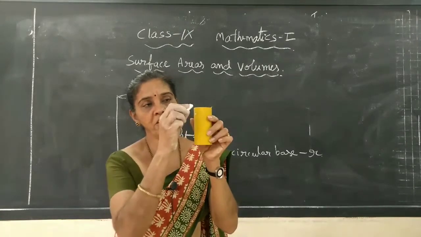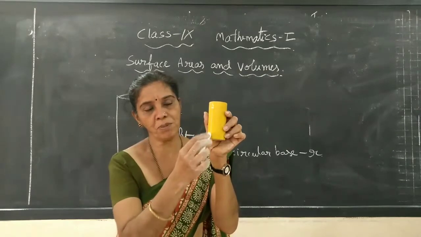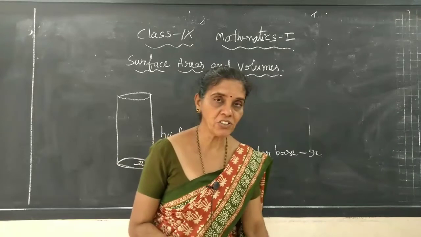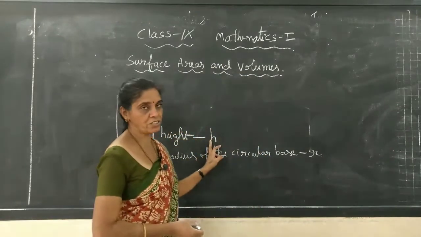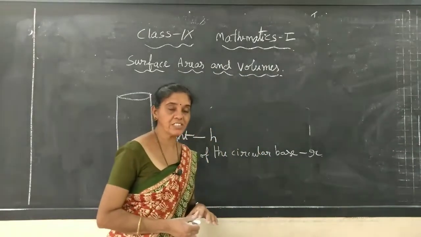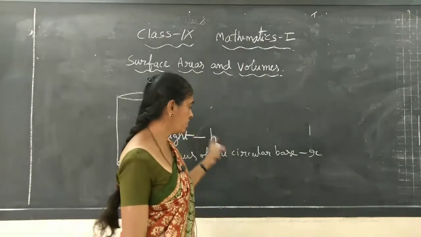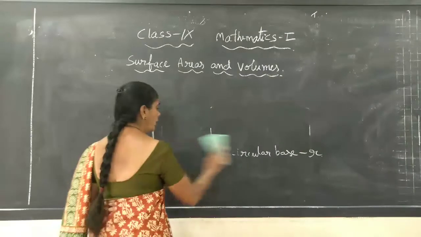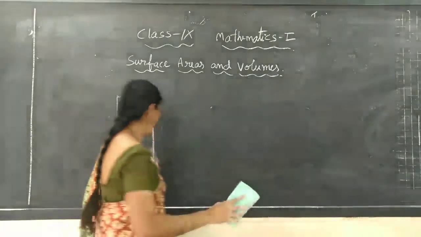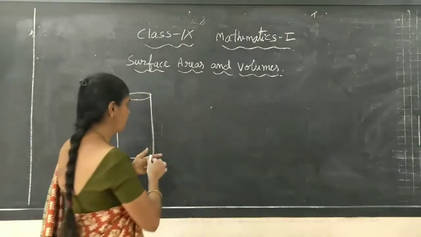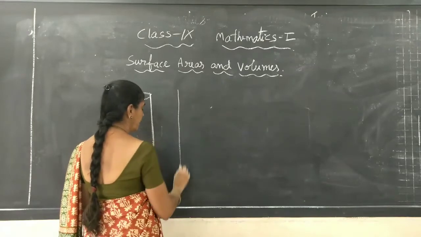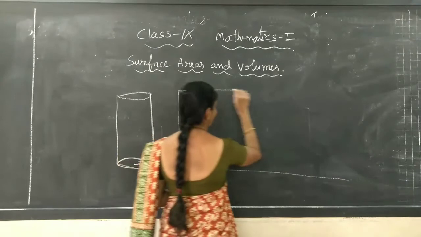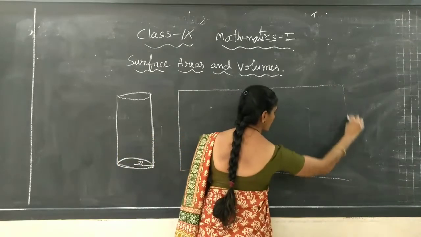And from here to here, if you measure, this becomes the height of the cylinder, usually denoted by small letter h, because we have to get the formula which contains these two terms R and H. You should know it. Now if you cut open and spread this cylinder, which shape will you get? You will get a rectangle of this shape.